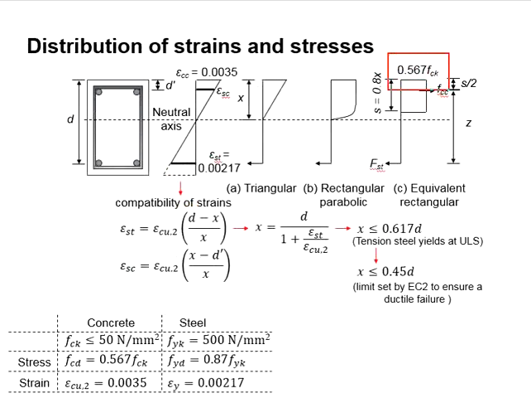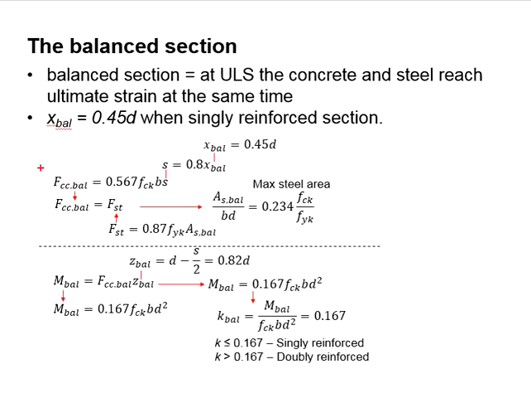You use this, 0.567 fck, multiply the s, multiply the b. And within the s here, you have an x, which is equal to 0.45d. When you equate this balanced state of the concrete versus the steel force, there will be a balanced amount of reinforcement. Rearrange the equations, you get this.